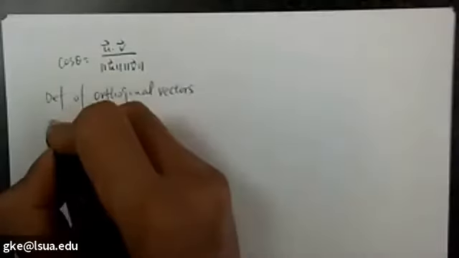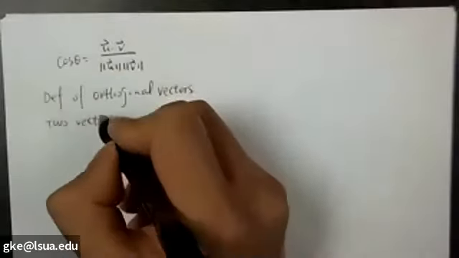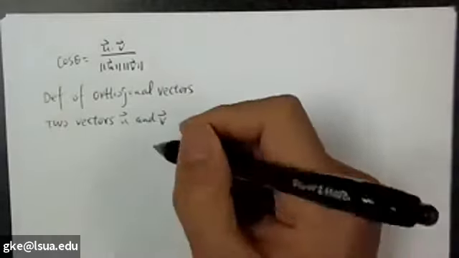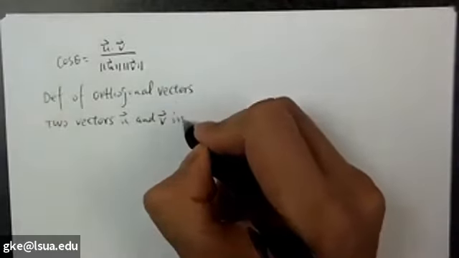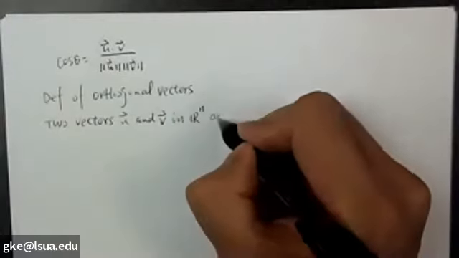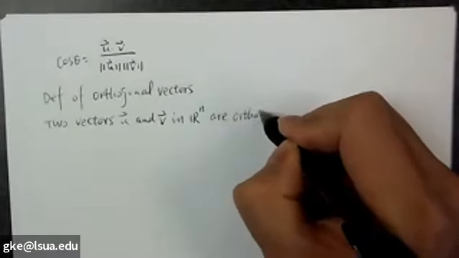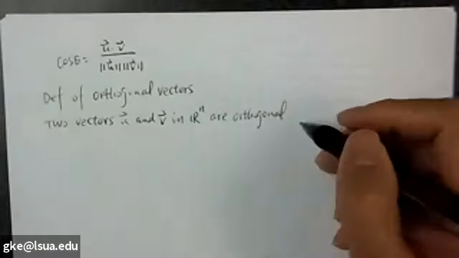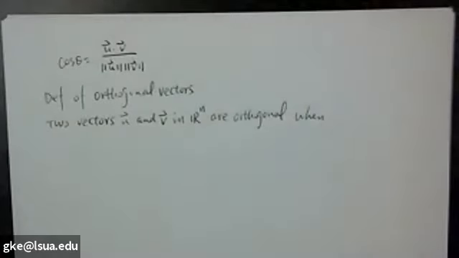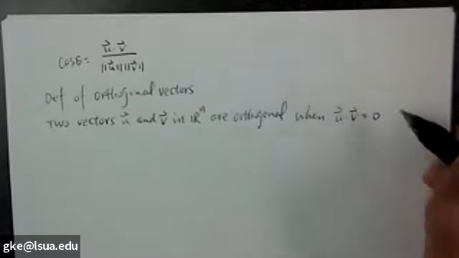Two vectors u and v in R^n are orthogonal when the dot product u dot v equals 0.